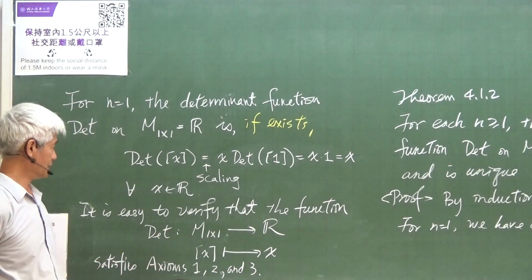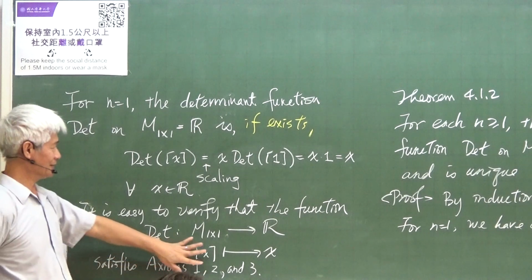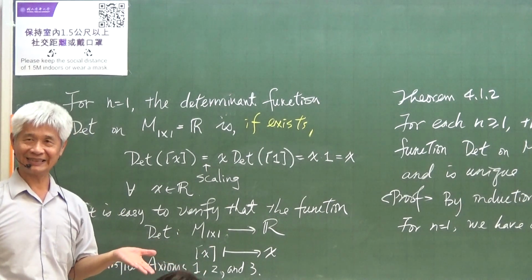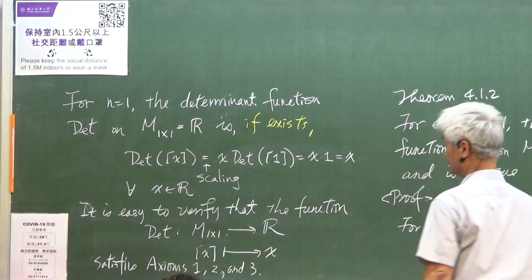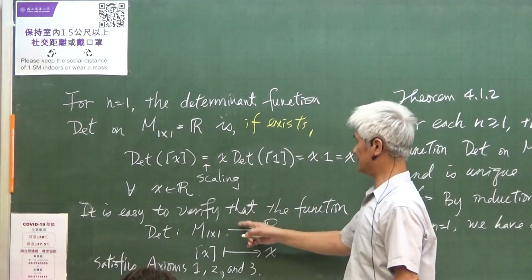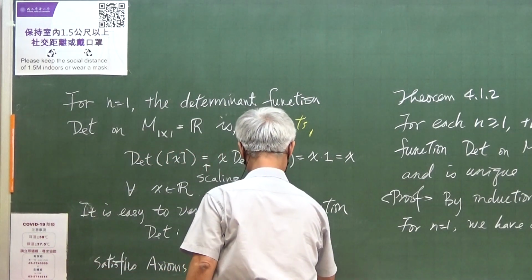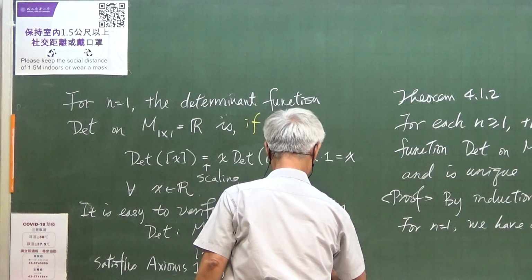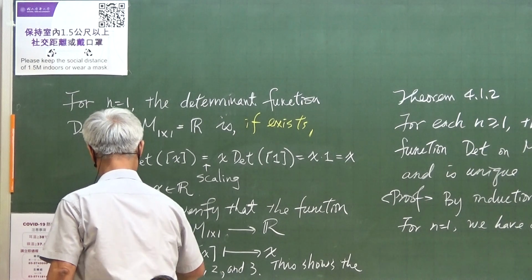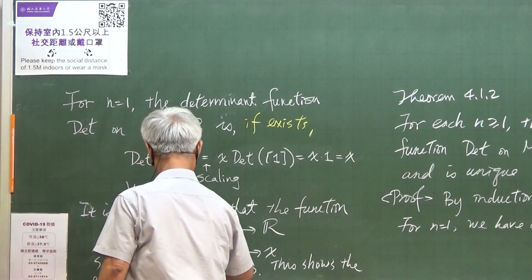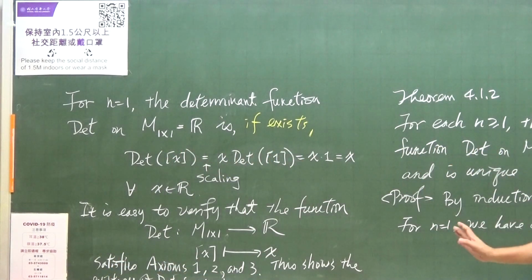Exchange of rows: you have no rows to exchange, so it is satisfied automatically. So this shows the existence of det for n equal to 1. So we have to finish this part.